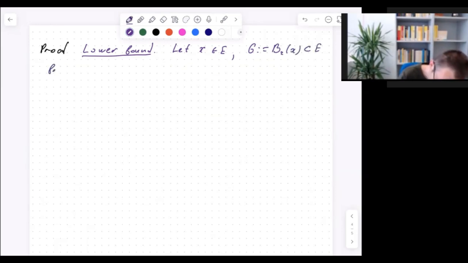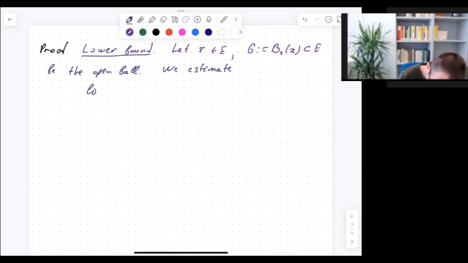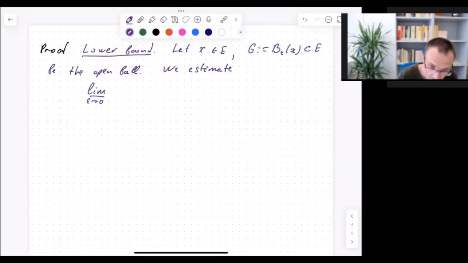And then we estimate the considered limit from below. At the moment we are not sure whether the limit exists, therefore we will consider the lim inf, and we will estimate it from below. Epsilon logarithm of the expectation of e to the power f of psi epsilon divided by epsilon.